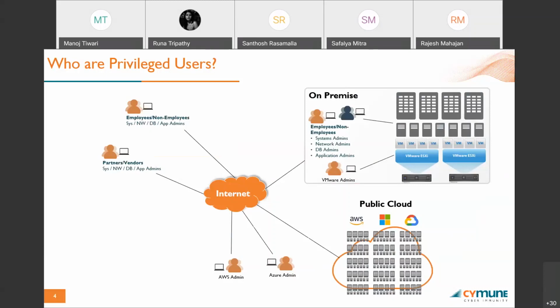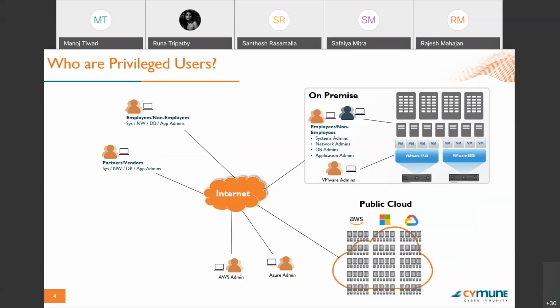But over the years, we have seen the growth of cloud and mobile apps. So these have made the privileged users access their data from outside, from the internet. You could be accessing your Amazon Web Services or your Oracle Cloud or your Azure.